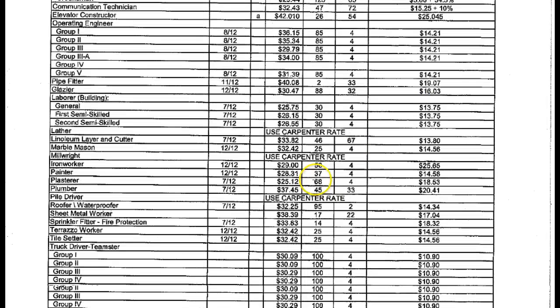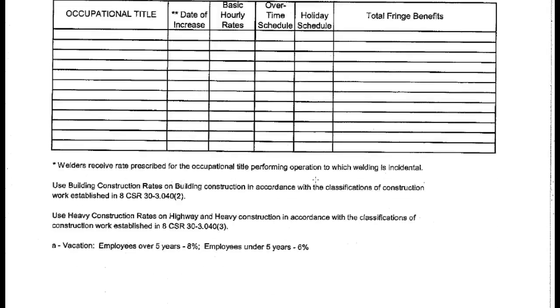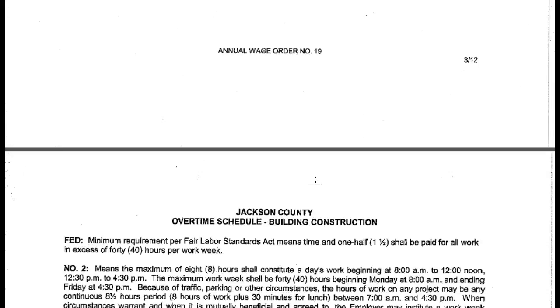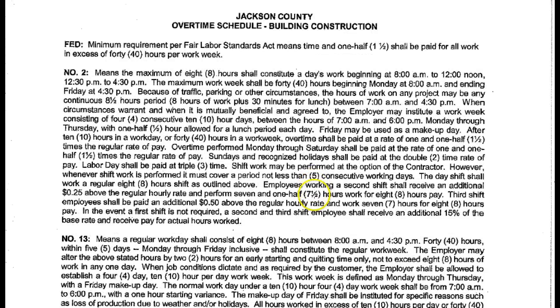So if we go down, what you'll find is all the different schedules that describe the different types of, say, the overtime schedules and the holiday schedules. And it starts out, you see, for fed job, minimum requirement per Fair Labor Standards Act means time and a half shall be paid for all work in excess of 40 hours per work week.